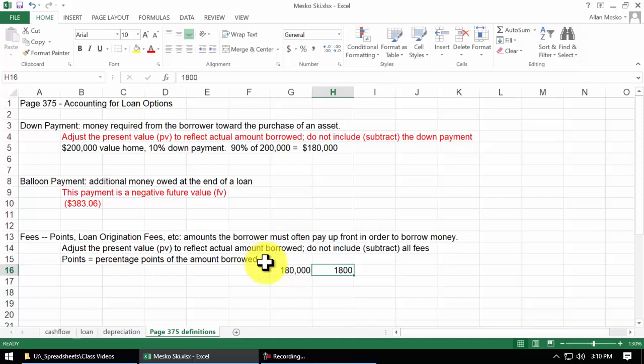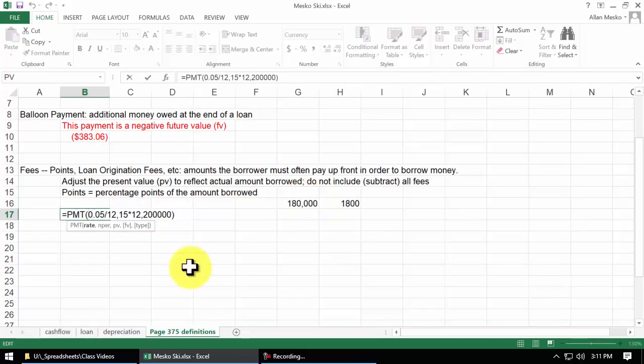Now, if the interest rate drops by at least 2%, generally it's worth those fees to refinance your home at a significantly lower interest rate. The example given in the book says, if we borrowed $200,000 at 5% annually, we're making monthly payments, so 5% divided by 12 is the rate per period.